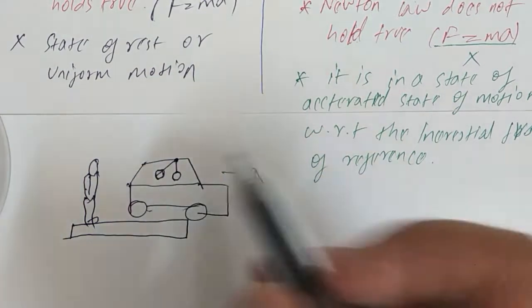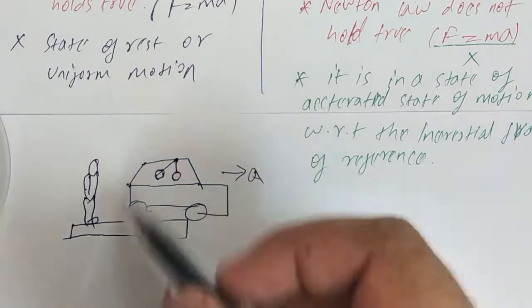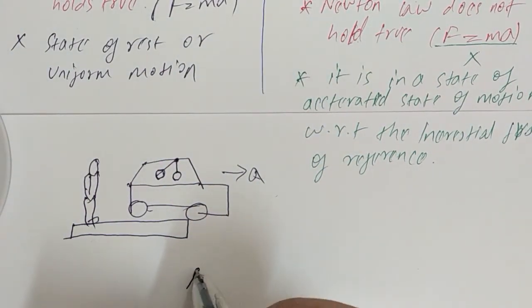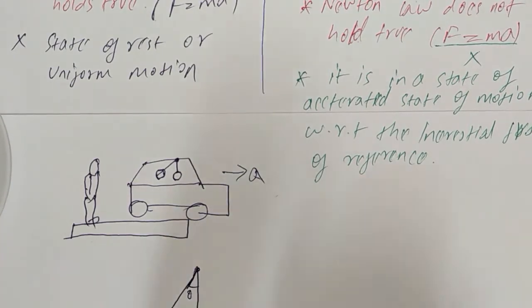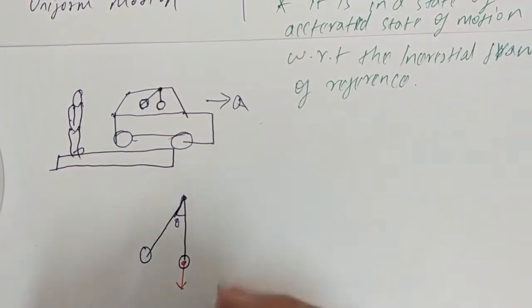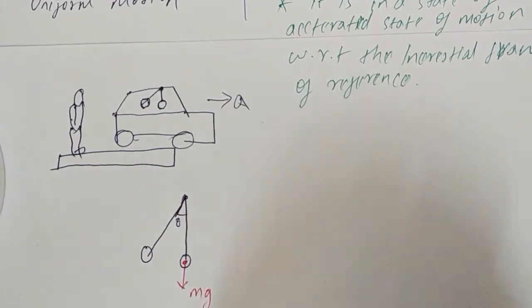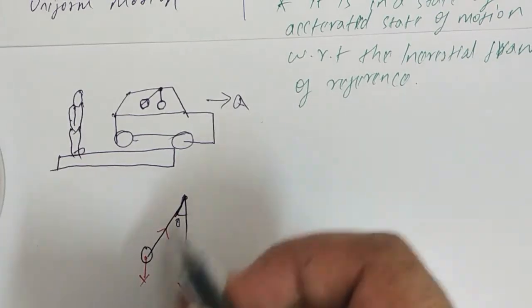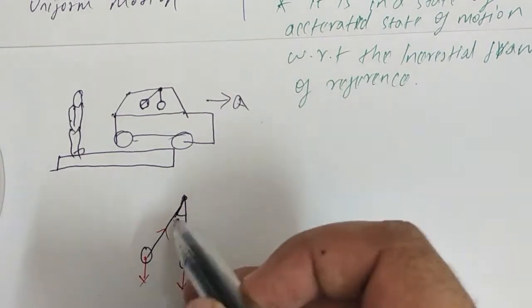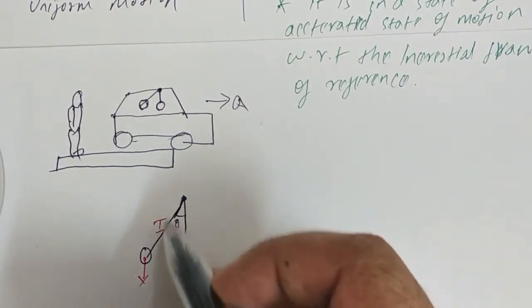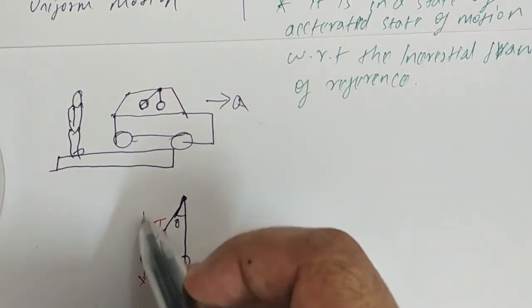So how can you explain this phenomenon using physics? If you take this pendulum which has moved by some angle theta, you know that the weight of this pendulum is acting in the downward direction, as well as there is a tension developed on this string such that it is always pulling in nature. Now this tension can be resolved into two components.